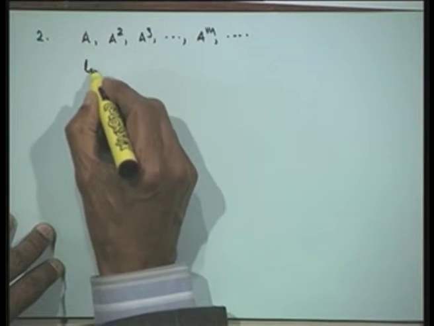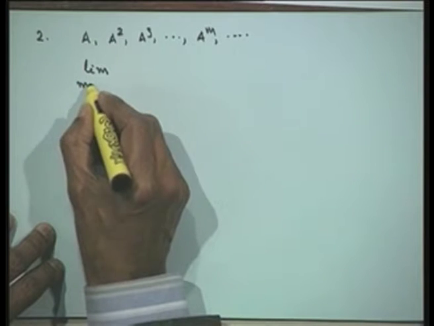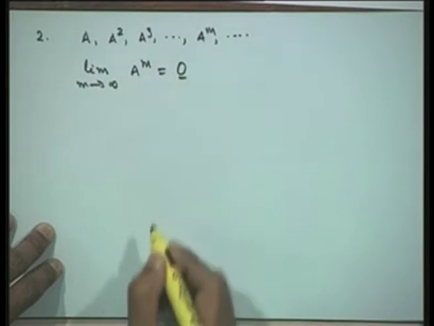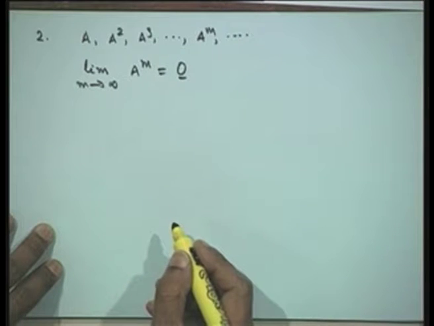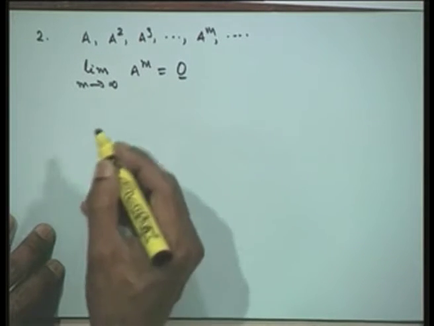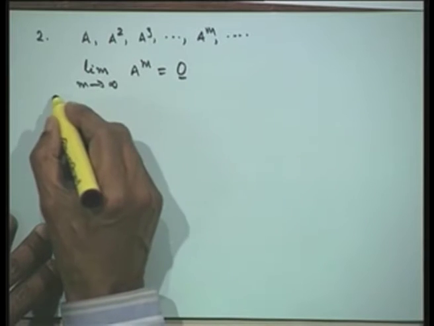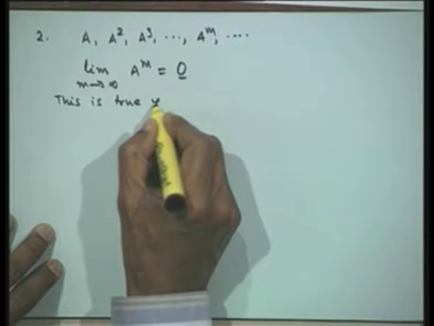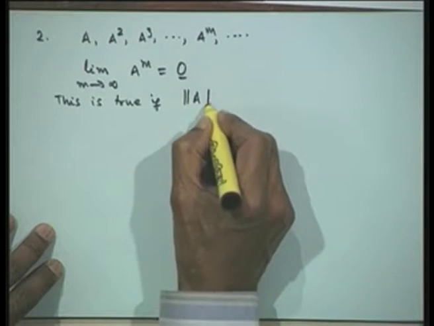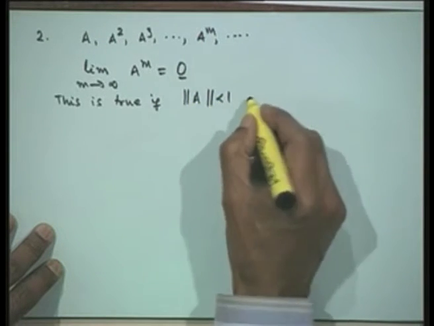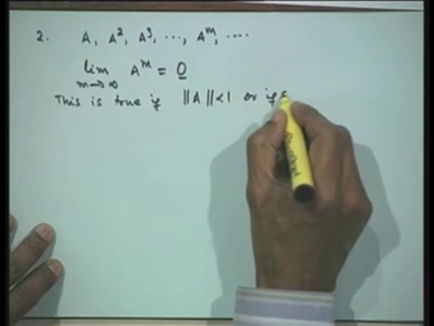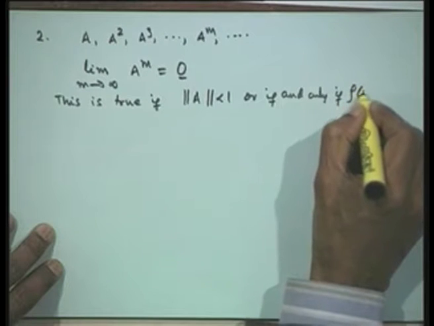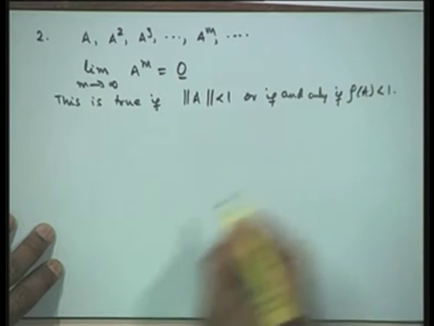So I want to know the conditions under which limit m tending to infinity A to the power of m is a null matrix. Now I would like to show that this is true if norm of A is less than 1, or if and only if spectral radius of A is less than 1.